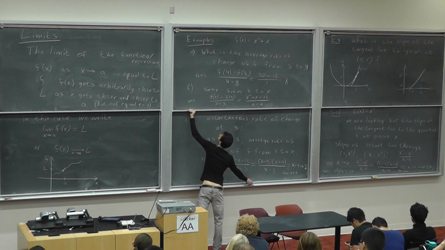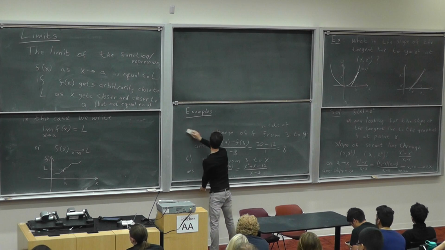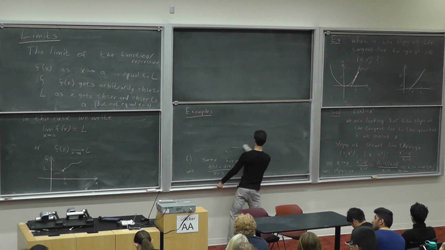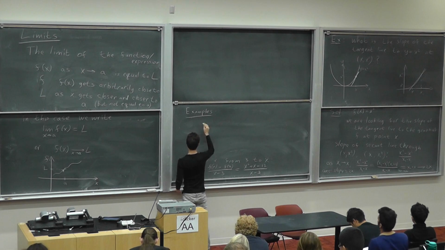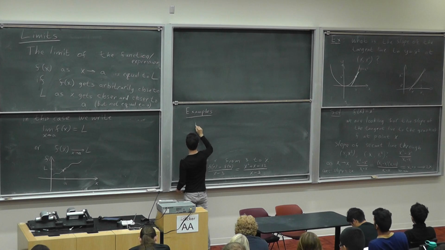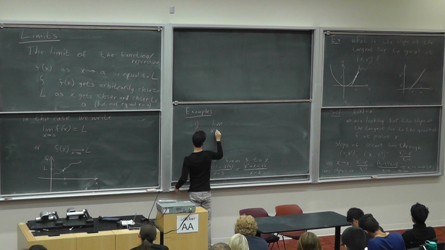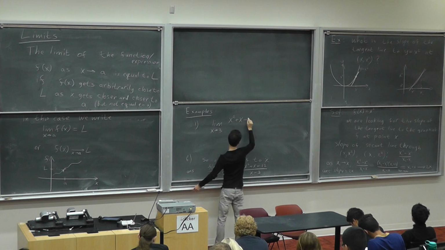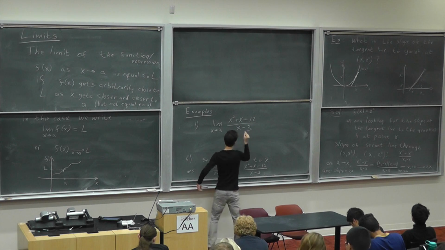So if this is our first example: limit as x approaches 3 of that very expression, x squared plus x minus 12 divided by x minus 3.